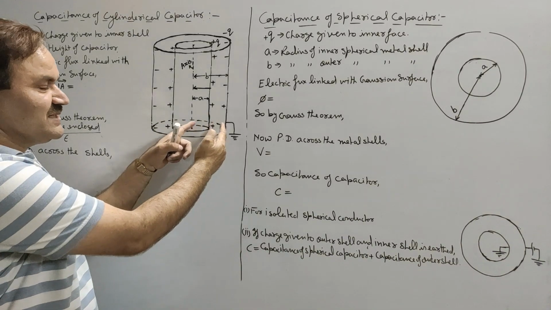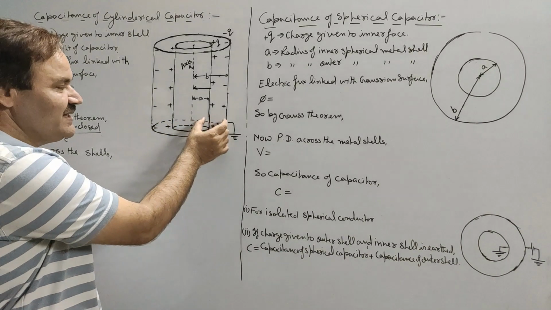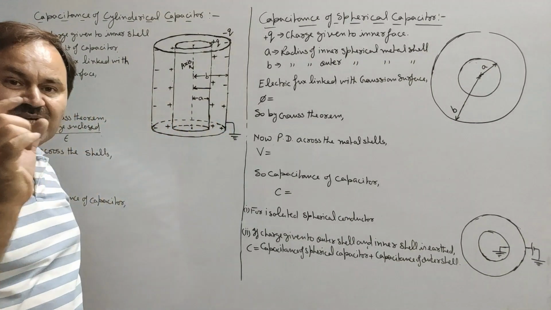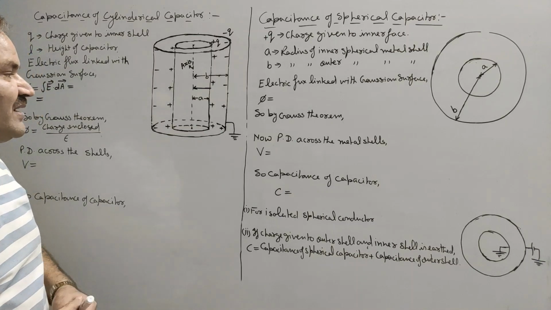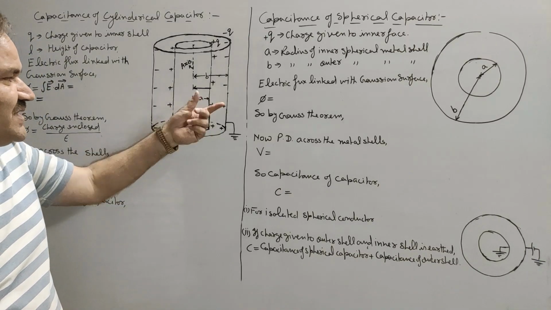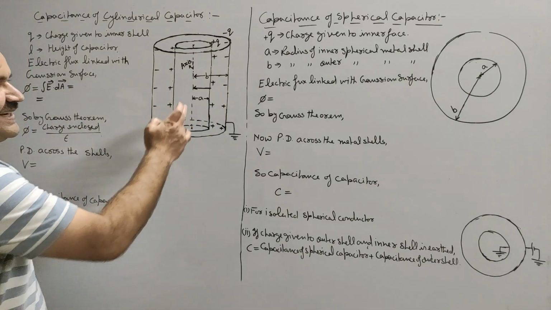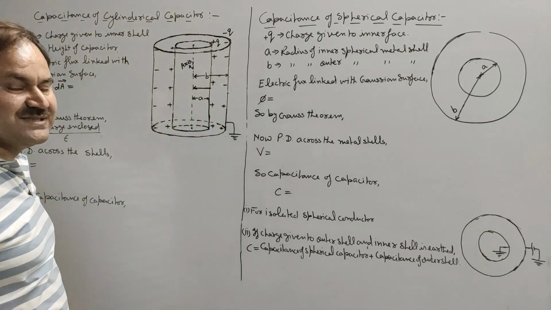To determine capacitance of this capacitor, we will be requiring the potential difference across the plates of capacitor. And for determining potential difference across these two shells, we will be requiring electric field in between the shells.